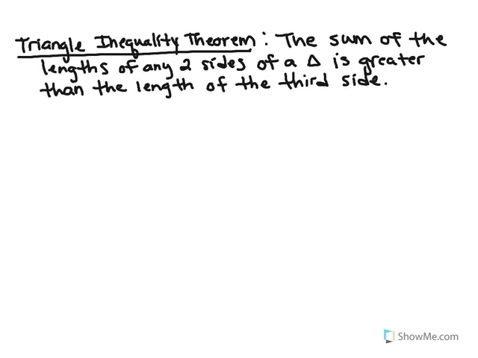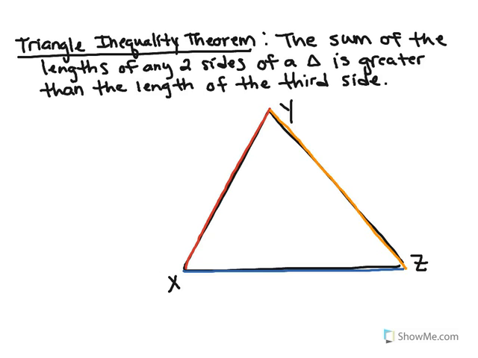And here we have the big kahuna theorem of this section, called the Triangle Inequality Theorem. What this says is that the sum of the lengths of any two sides of a triangle is greater than the length of the third side. So in this picture, let's take a couple sides.